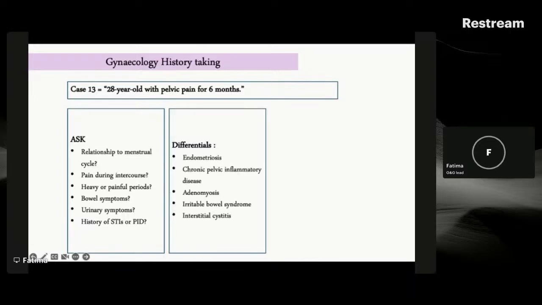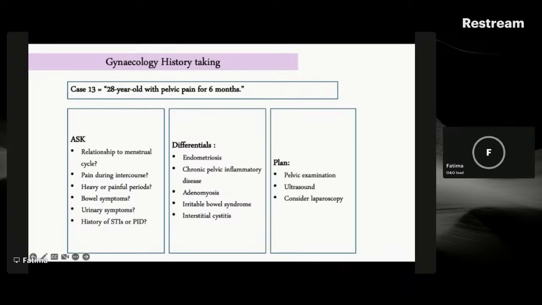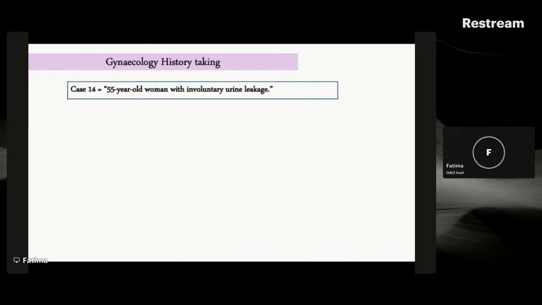So key differentials include endometriosis, chronic pelvic inflammatory disease, irritable bowel syndrome, bladder pain syndrome. And the plan then would involve pelvic examination, imaging like ultrasound, and you can consider laparoscopy if endometriosis is suspected, or MRI.